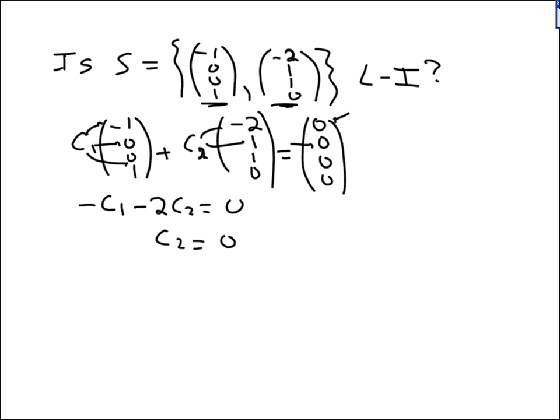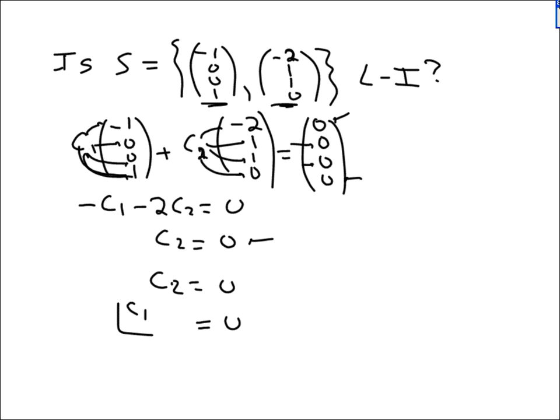And here we have 0C1, which is 0, plus 1C2, which is C2, equals 0. Well, I already have that one. The third row tells me that, so let me write down the third row answer. The fourth row, I meant to say, is 1C1, which is C1, plus 0C2, which is 0, is equal to 0.